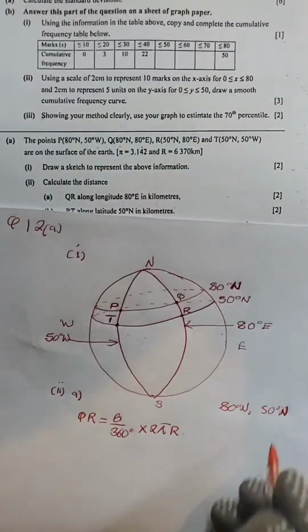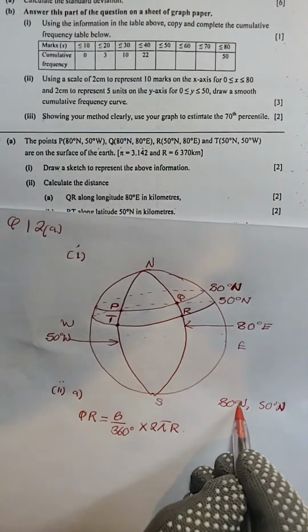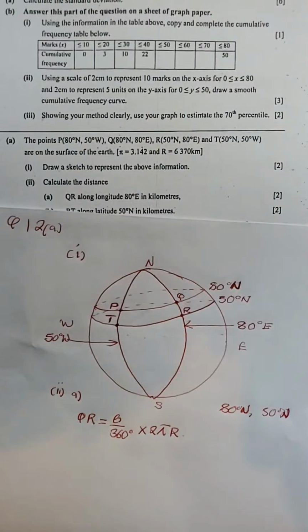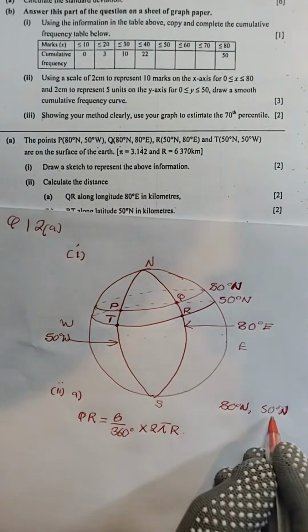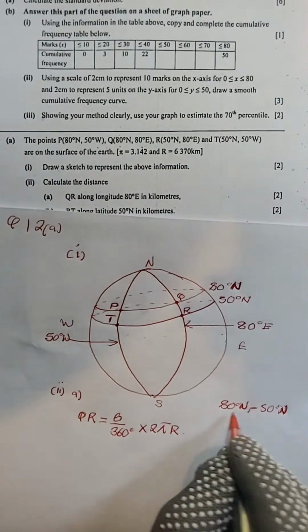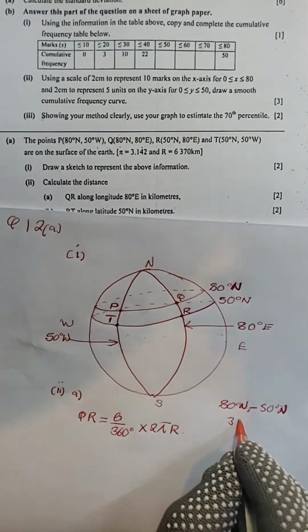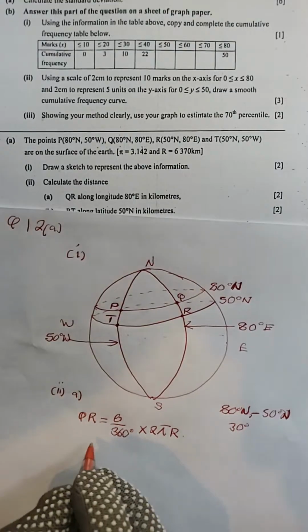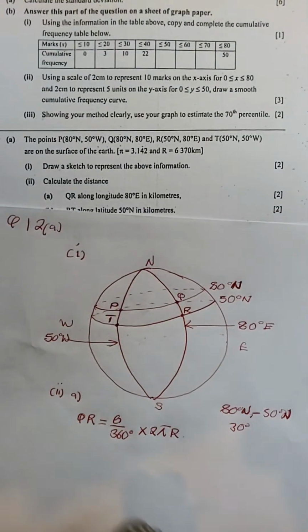What did I tell you about having the same side, same hemisphere? We subtract. So we're going to say 80 minus 50. So 80 minus 50 is just what? 30 degrees.